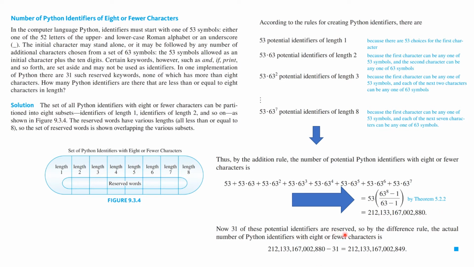Now, 31 of these potential identifiers are reserved, so by the difference rule, the actual number of Python identifiers with 8 or fewer characters is, you subtract the 31, and you get this as your final answer. Again, you want to use a calculator on problems like this.